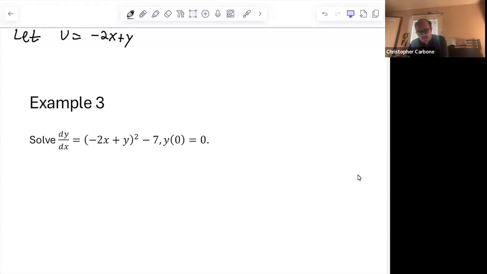So with that being said, the derivative of u with respect to x is going to be negative 2 plus dy over dx, which means from what we have here that du over dx plus 2, so just by adding that 2 over, is equal to dy over dx.